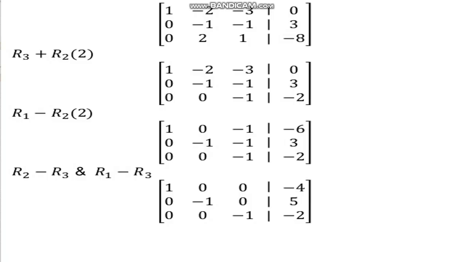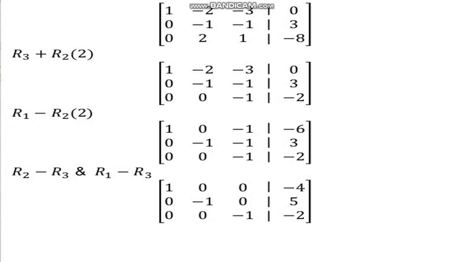For more simplification, R1 minus 2 times R2, we get the new matrix 1, 0, -1, -6, 0, -1, -1, 3, 0, 0, -1, -2.